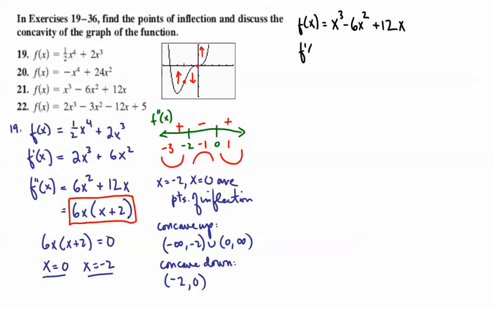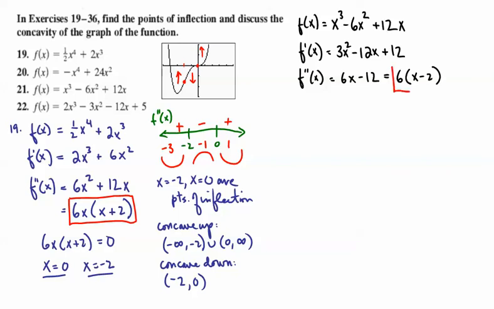The first derivative is 3x squared minus 12x plus 12. Second derivative is 6x minus 12. If we want to factor, we'll get 6 times x minus 2. That becomes the factored form of our second derivative.